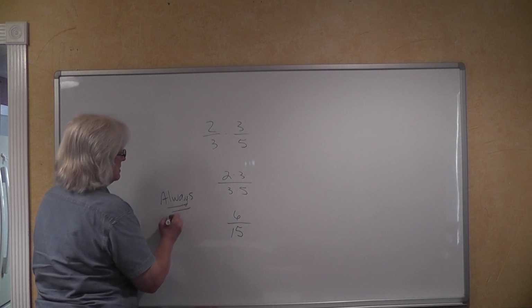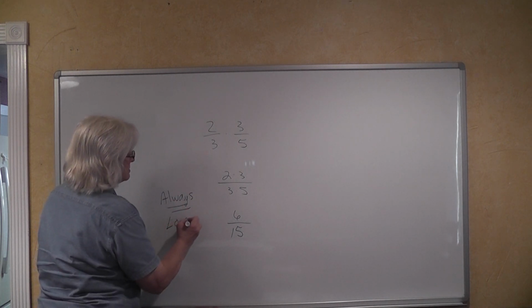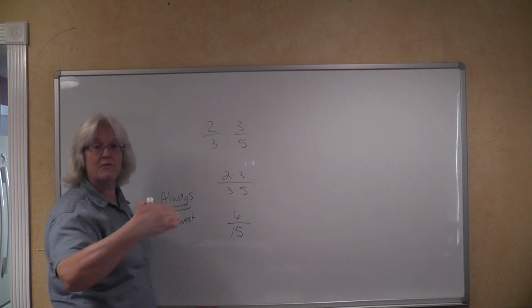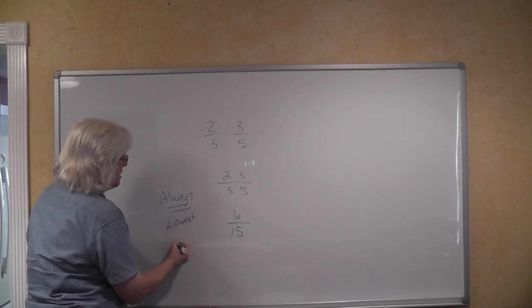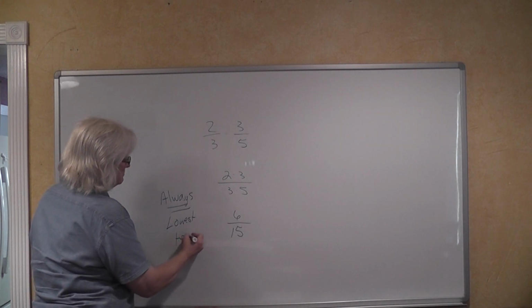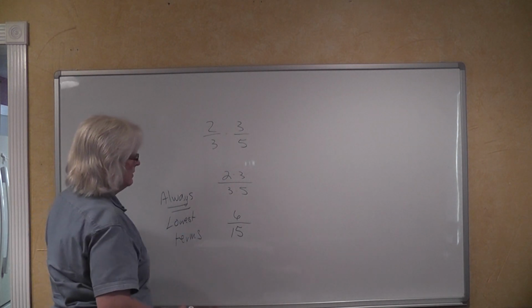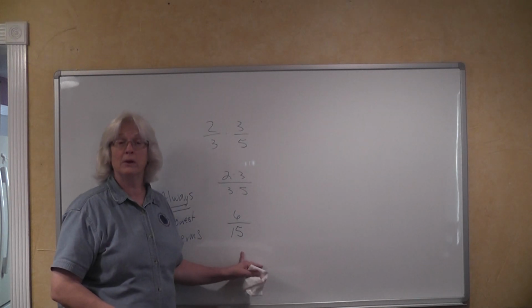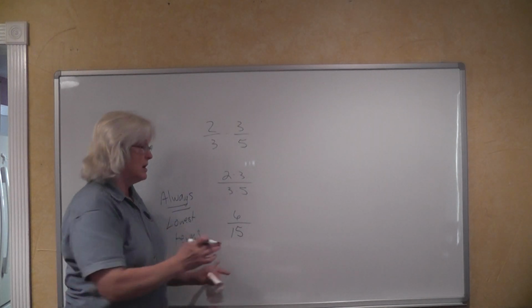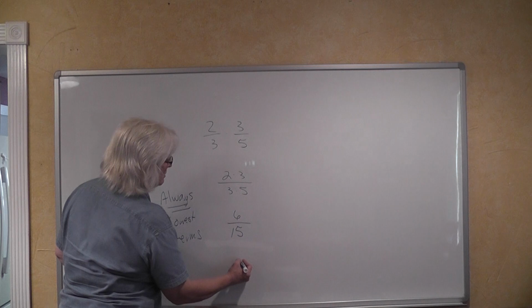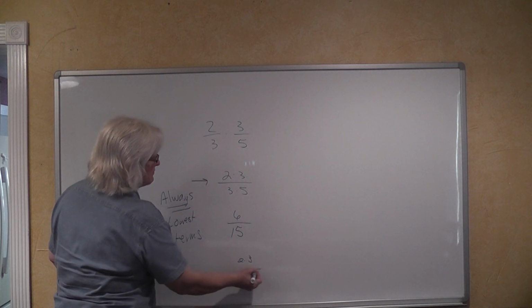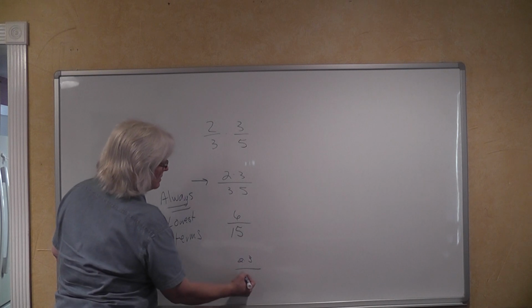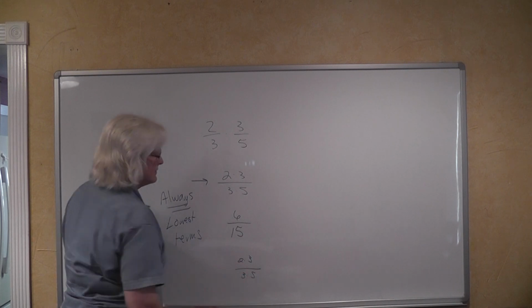Always. Lowest terms means that there are no factors common to the numerator and the denominator. Well, we've got a problem here. If we were to prime factor the 6, we're right back to what we had here. Prime factor the 15, and we have 3 times 5.